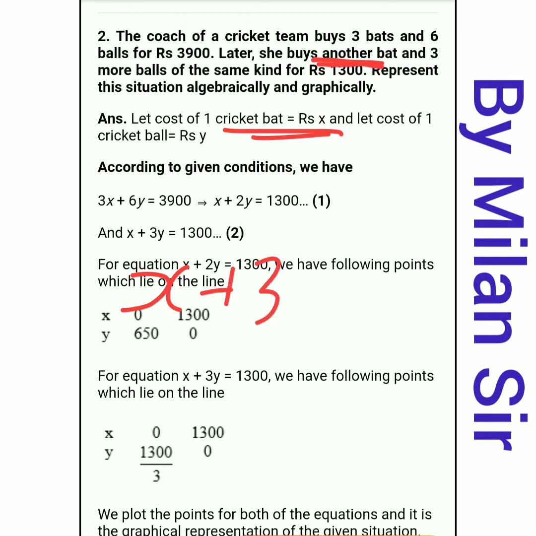The cost of one ball is y and the cost of 3 balls is 3y, which is equal to 1300. So again, one bat is x plus 3 balls, 3y, is equal to 1300. This is our second equation.